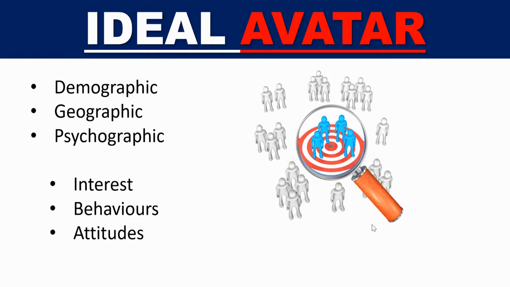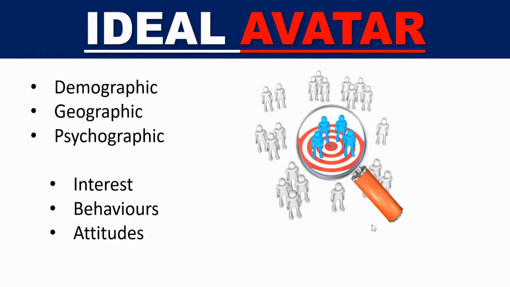The reason this is important is because everything stems from here. This will determine the looks of your website, which platforms you market on, the copy on your website. Your ideal target audience will dictate how you go about marketing online.